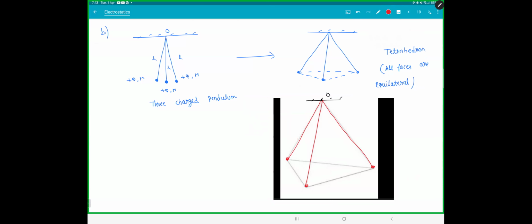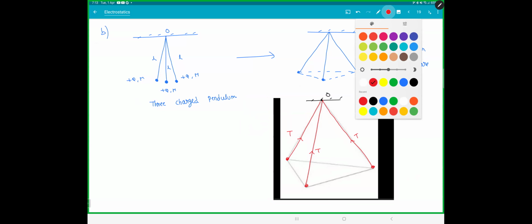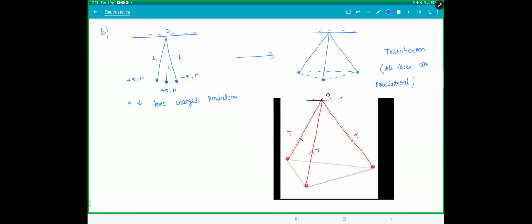So in this process, we have tension in the strings. If they're repelling each other, there'll be a tension. Gravity is anyway there. So the question is, find tension in the string and find the value of charge q. The q value is not given. Only m is given, length is given. Find tension and charge on the pendulums.